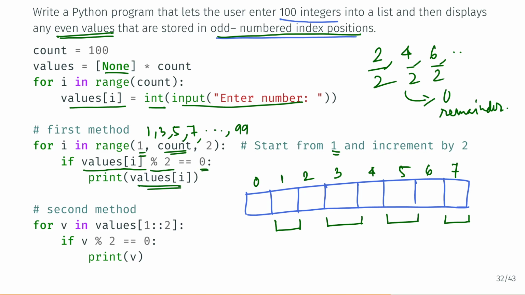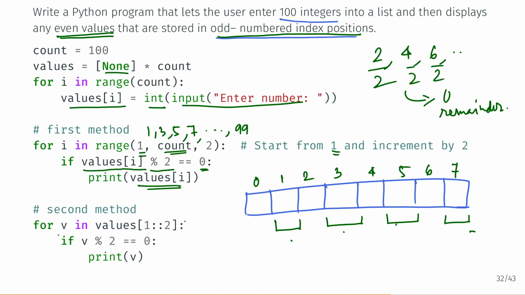Okay, so for every odd position, which is 1, 3, 5, 7, and so on, if the value itself is even, then we print it, right? As usual, there is a more Pythonic way of doing things. Again, because we are not modifying the individual values, we are just printing them, we can also use the read-only approach.